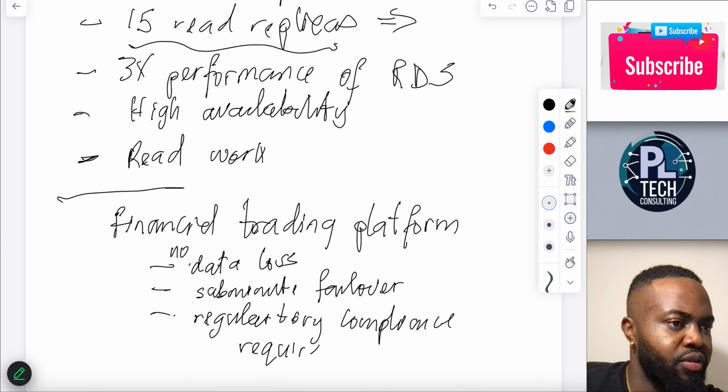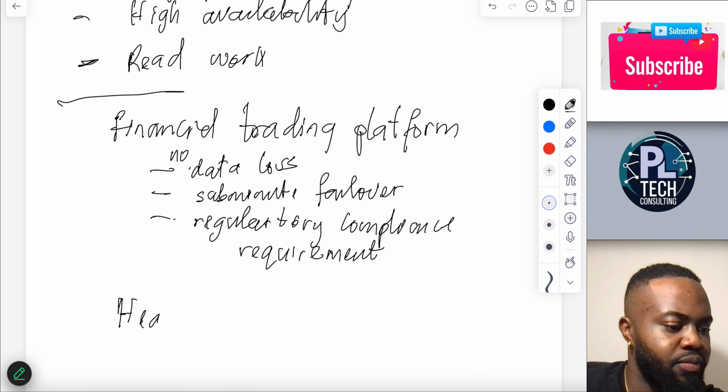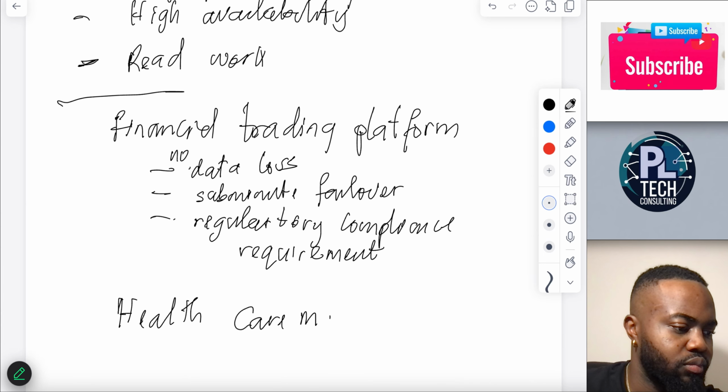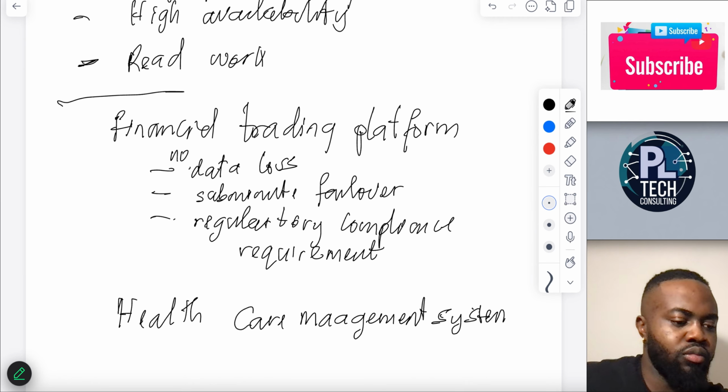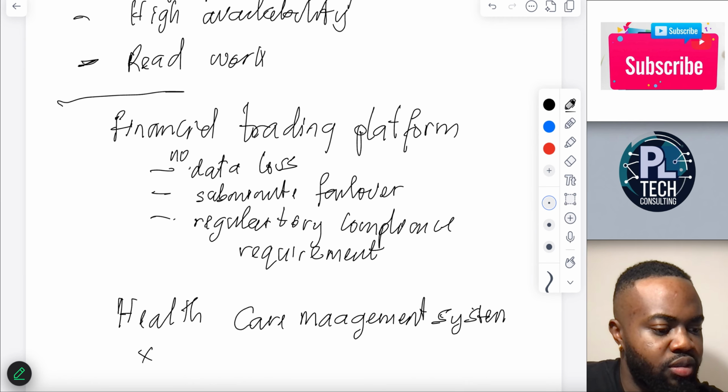Another good example for this would be a healthcare management system. Okay, because in healthcare, we know that patient records, there's zero tolerance for losing patient records.